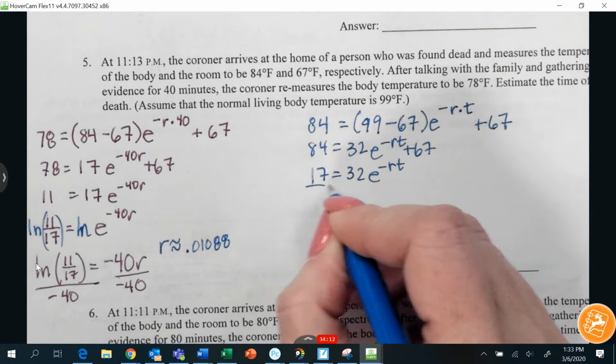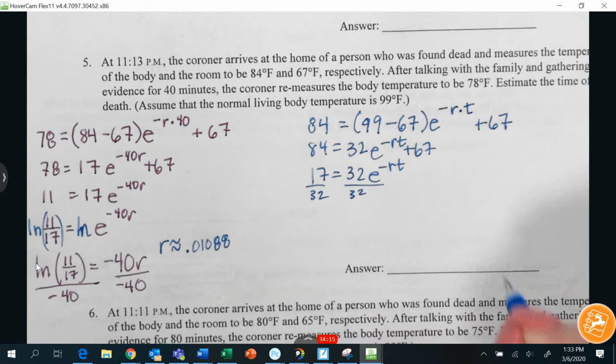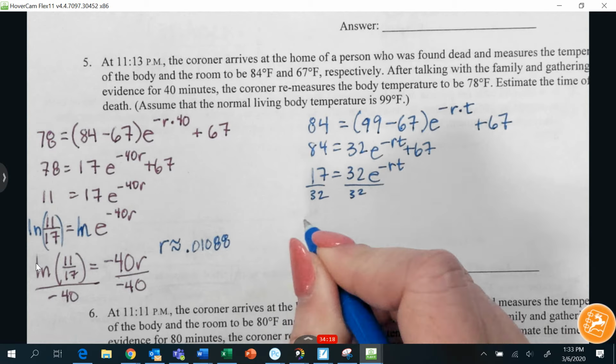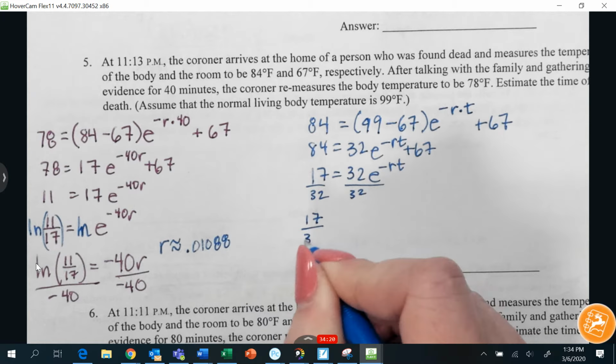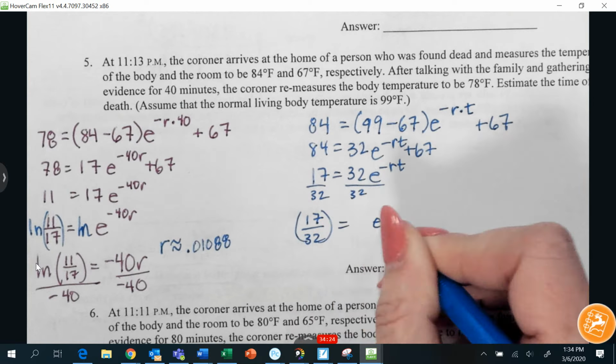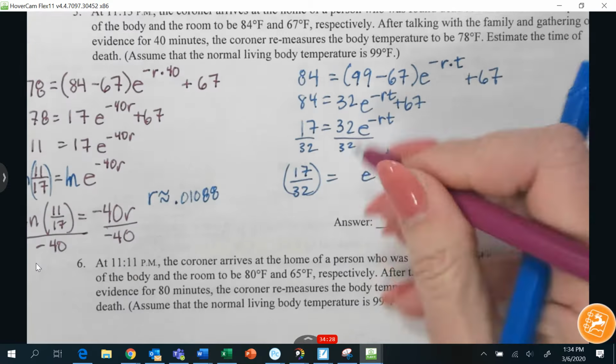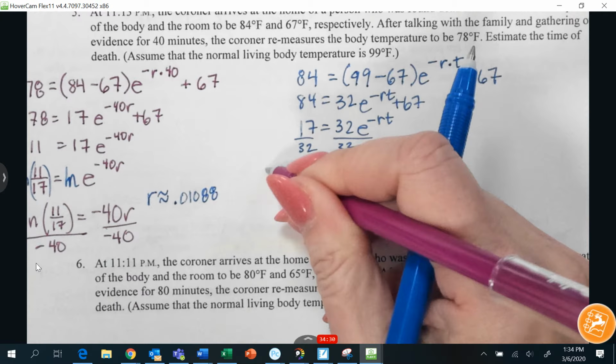I'm going to divide by 32. That's 17 over 32 equals e to the negative RT. Take the natural log of both sides.